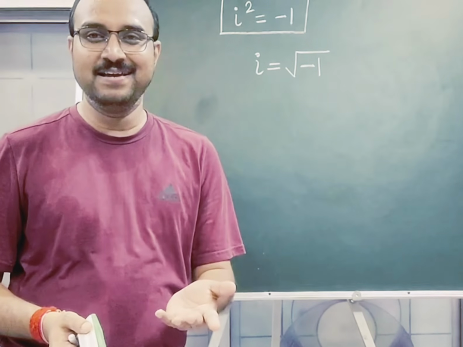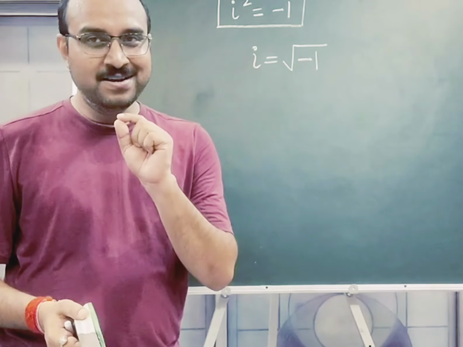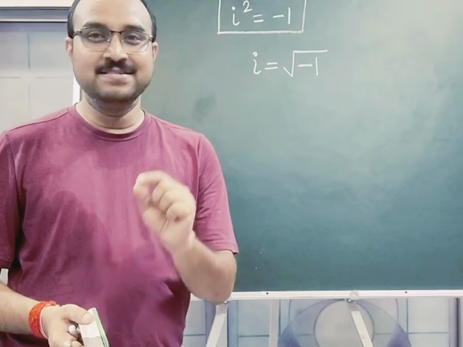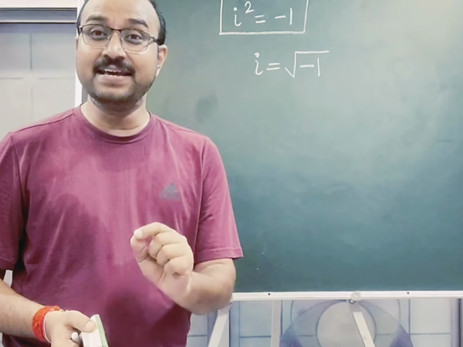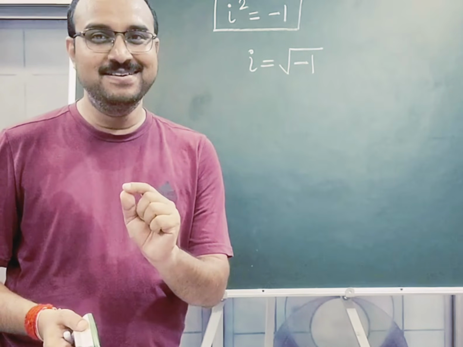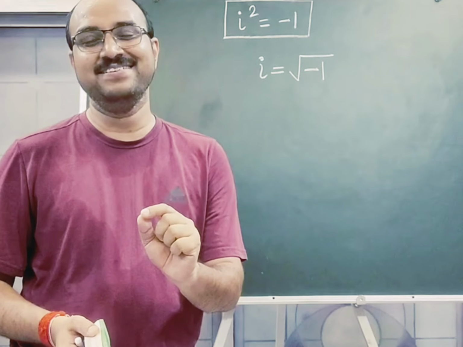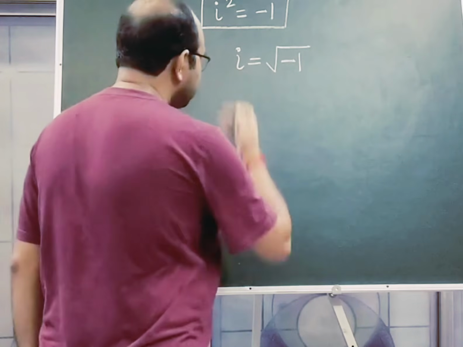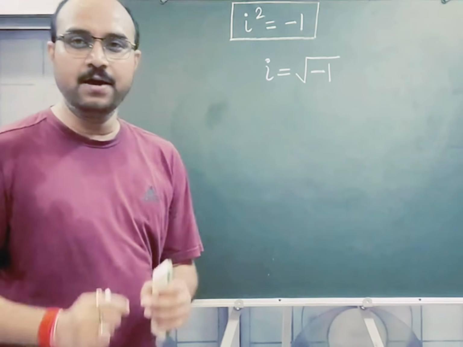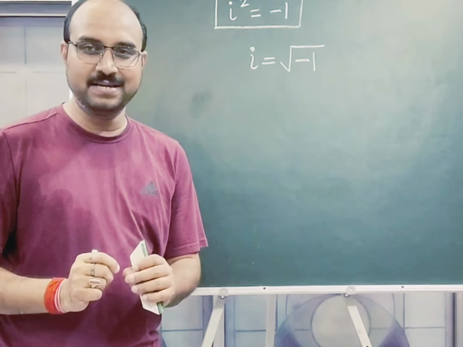Let us see why. Because if you assume this deduction, it will lead to a very, very serious error, and that error will be a threat to the very definition of I. Let us see how. If we consider this definition to be true, it will obey all the laws of elementary mathematics.